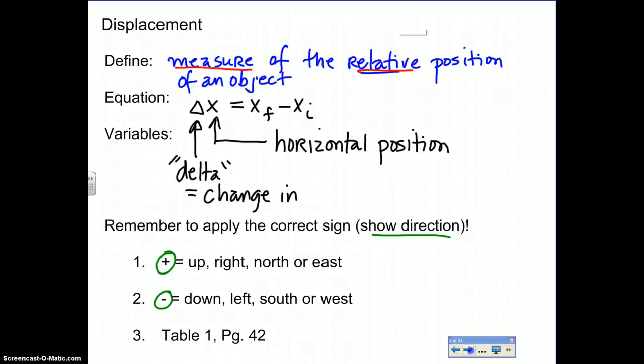A good example of all these different directions is in Table 1 on page 42 of your book. And so please note that I wrote the equation for displacement here in terms of x because I'm thinking of an object that's moving left and right. I could just as easily have used y or z if I was thinking of an object moving up and down or forward and back.